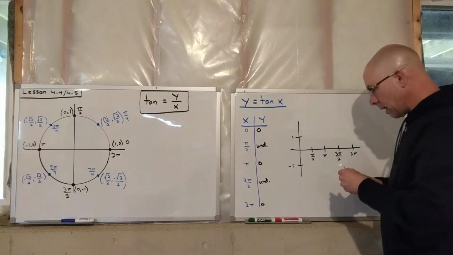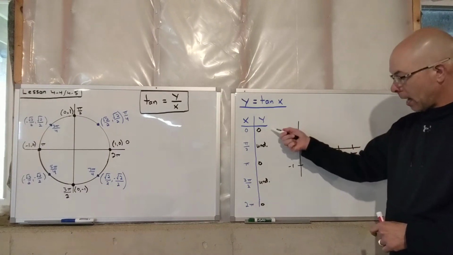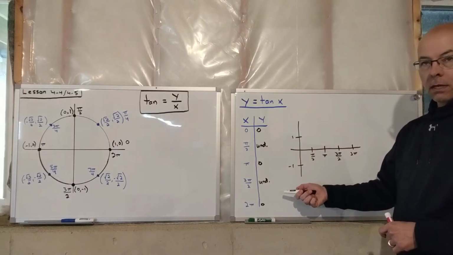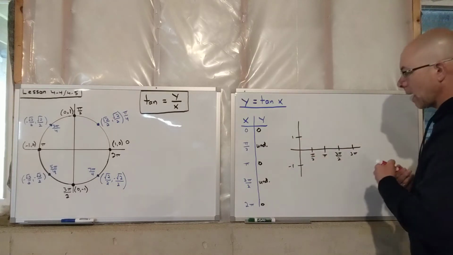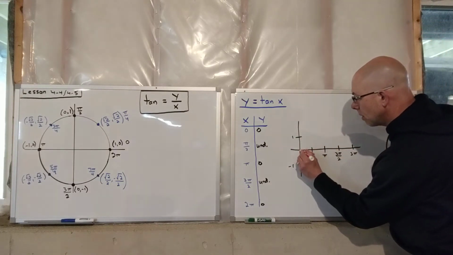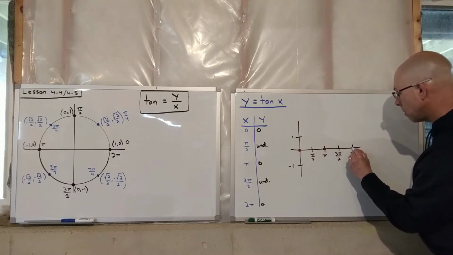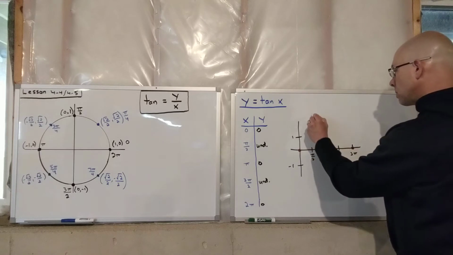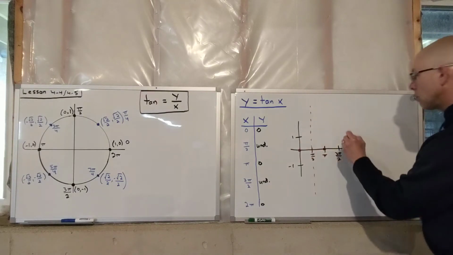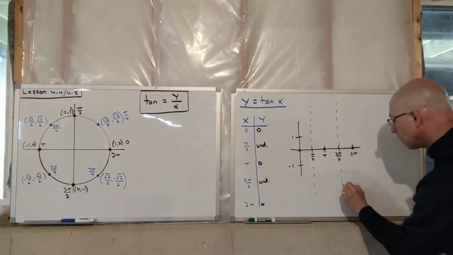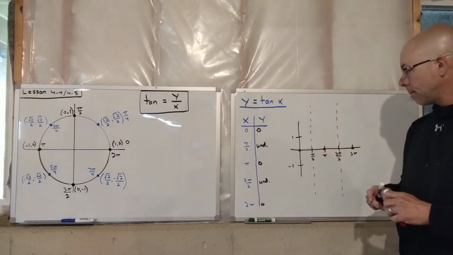Now the weird thing is if I plot these points, first of all, there are only 3 actual plotted points, and they're all 0, and then 2 undefined locations. So we've got 0, 0; pi, 0; 2 pi, 0; and pi over 2 is undefined, and 3 pi over 2. Those are undefined areas, we can't cross them. That won't happen.